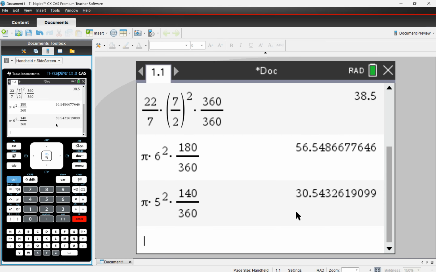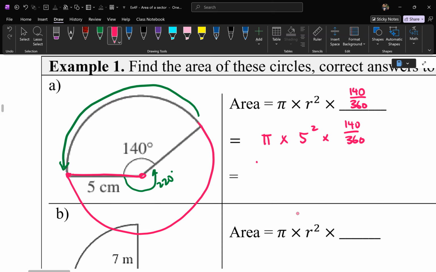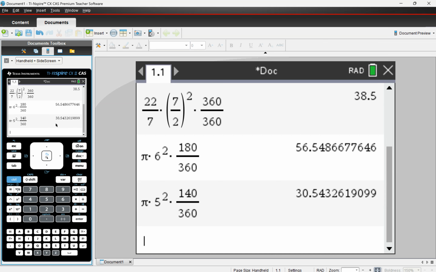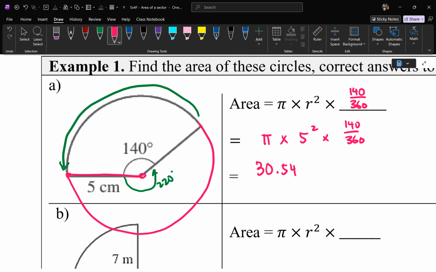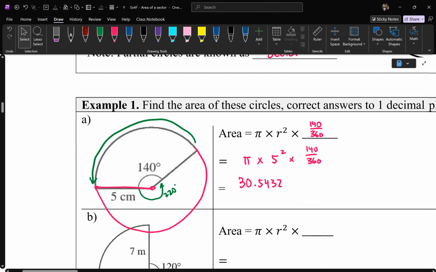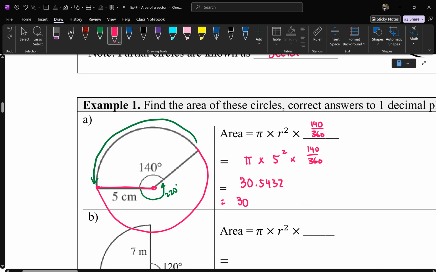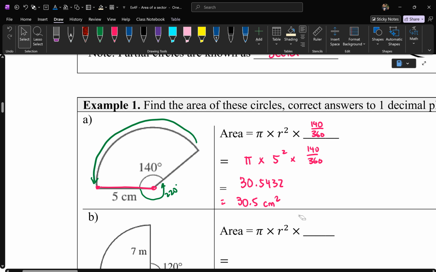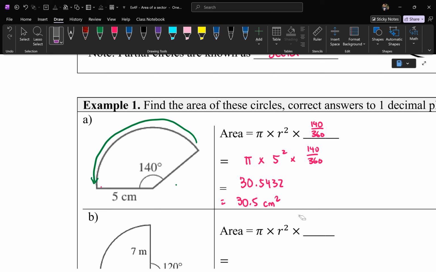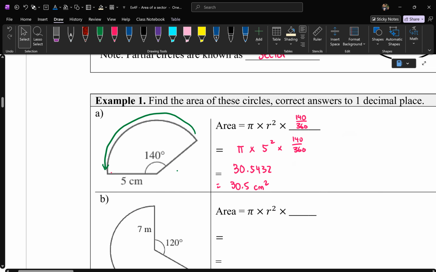Meant to get the same answer as me. So, should be 30.5432. Rounding to 1 decimal place, 30.5 squared centimeters. Okay? That's the first example, and that's 4F.